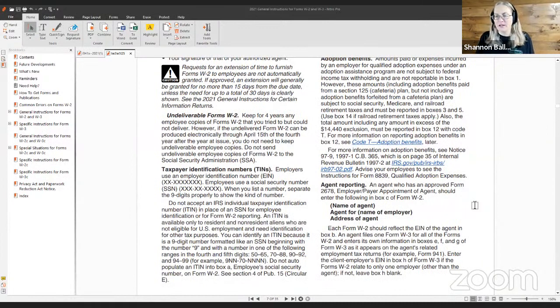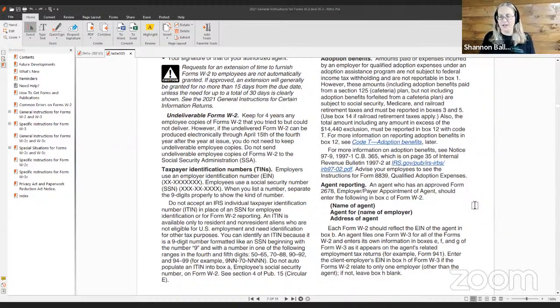For more information on adoption benefits, see Notice 97-9, 1997-1 CB 365, which is on page 35 of Internal Revenue Bulletin 1997-2 at irs.gov/pub/irs-irbs/irb97-02.pdf. Advise your employees to see the instructions for Form 8839, qualified adoption expenses.